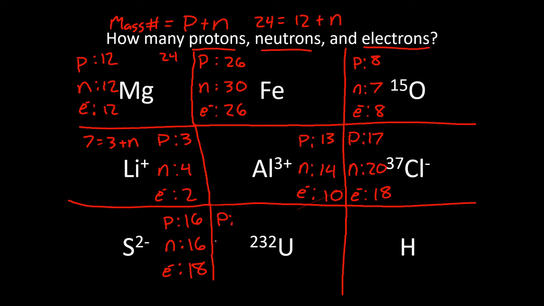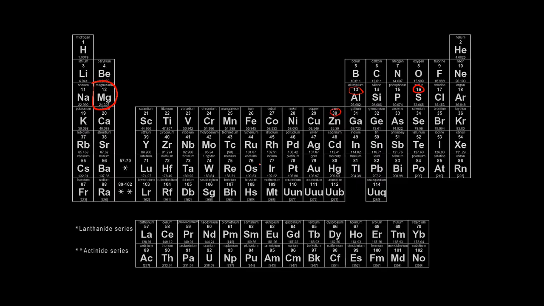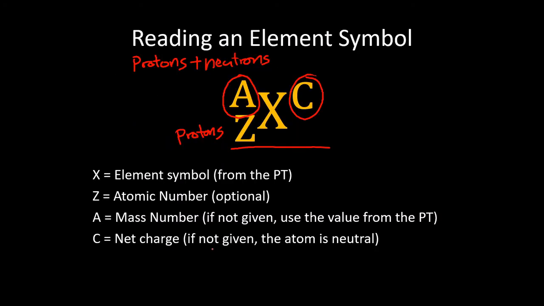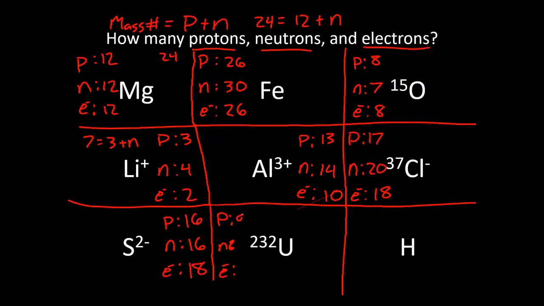Uranium-232. Uranium is element number 92, I believe. Yes, it is. Here it is down here. So element number 92. 92 protons, and actually it will be the number of electrons as well, because if you notice here there's no charge. And so because there's no charge, that means we have the same number of protons and electrons.